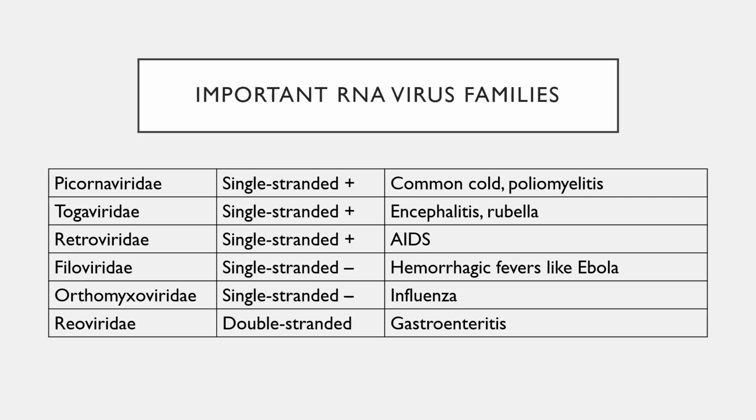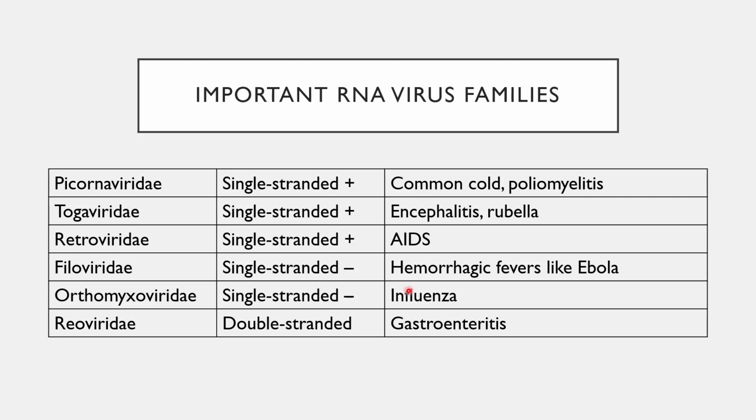The Picornaviridae is a single-stranded positive RNA virus family that includes other causes of the common cold and the virus poliomyelitis. Togaviridae is also single-stranded positive. It includes viruses that cause encephalitis and rubella. Retroviridae is a single-stranded positive virus family that includes the cause of AIDS.